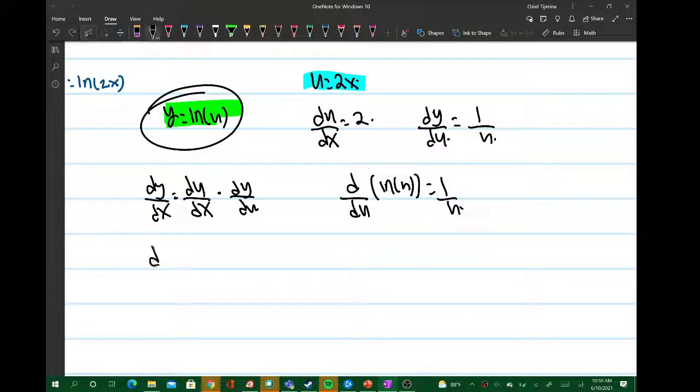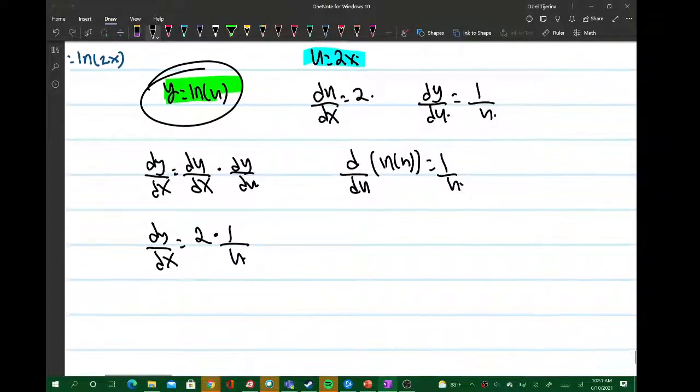Now that means that dy dx is going to be equal to the derivative of u with respect to x, 2, times the derivative of y with respect to u, 1 over u.